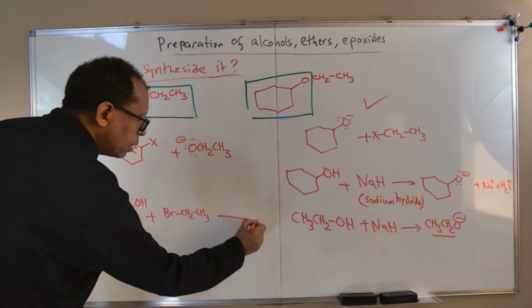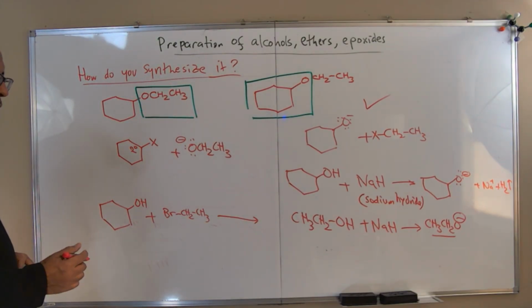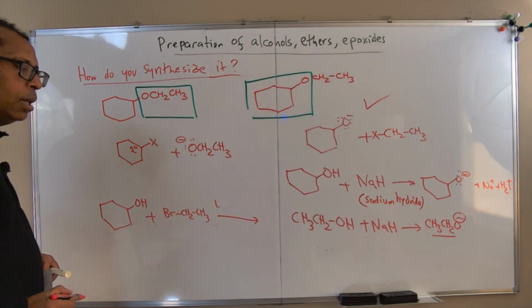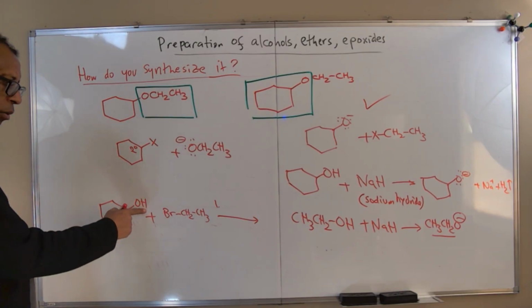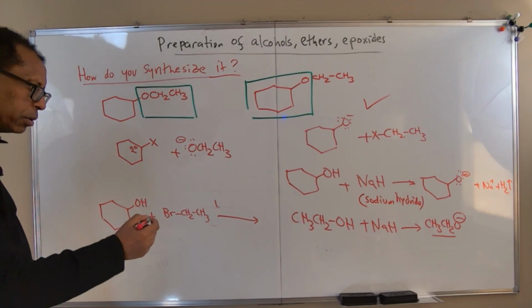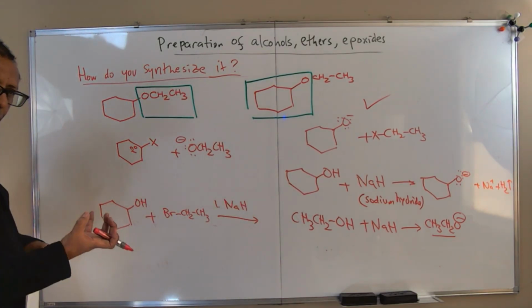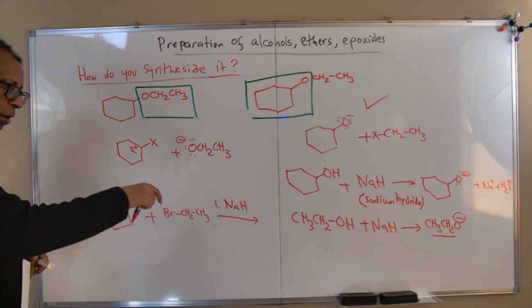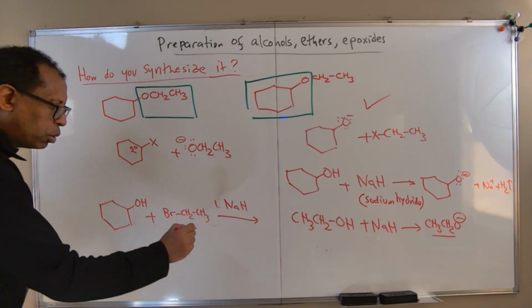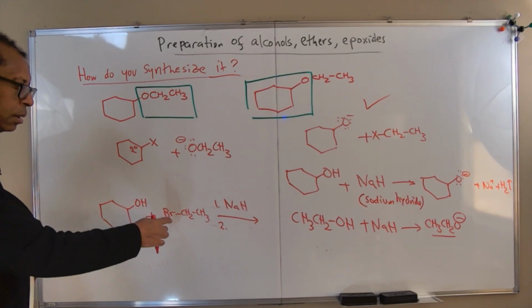Usually when we do reactions, step 1 is removal of the hydrogen to form the alkoxide. These are done in one pot, meaning that in the same reaction vessel you add first sodium hydride, and in step 2 you add this.